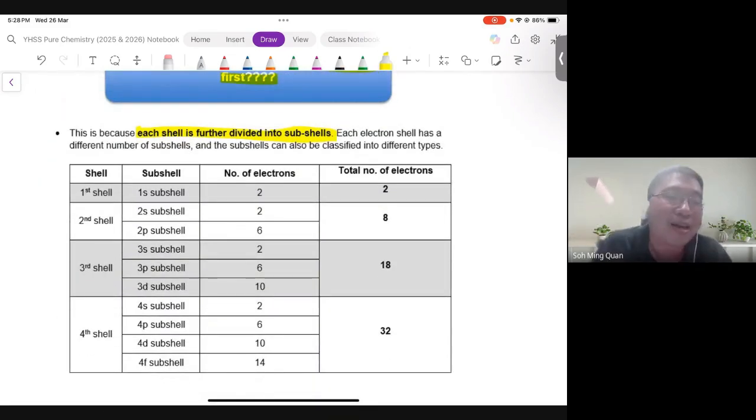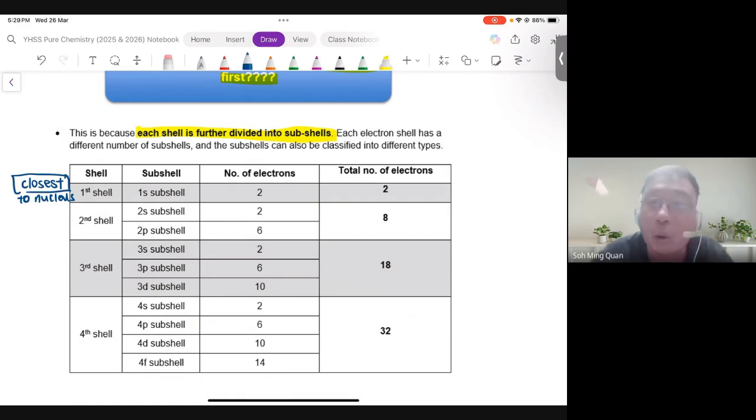All right. So we start with the simplest, the first shell. Remember, the first shell is the closest to the nucleus. So the first shell must be the one that is filled first.